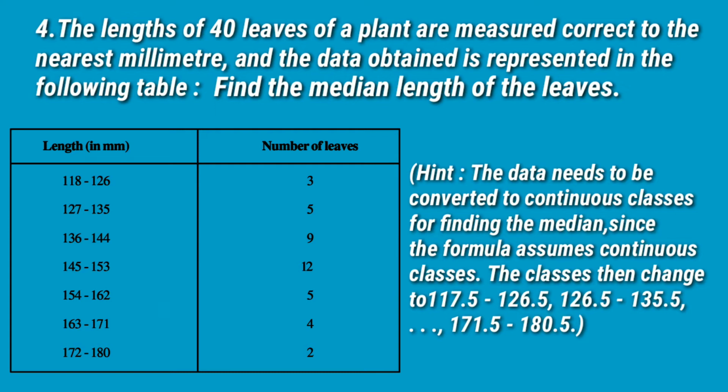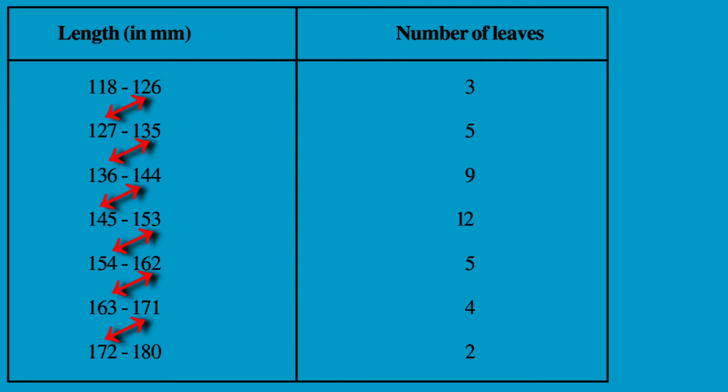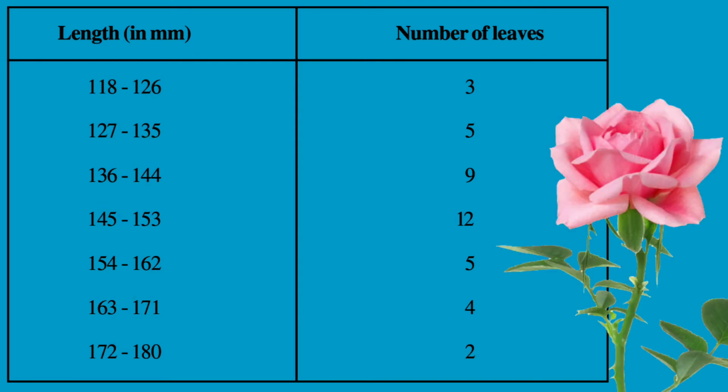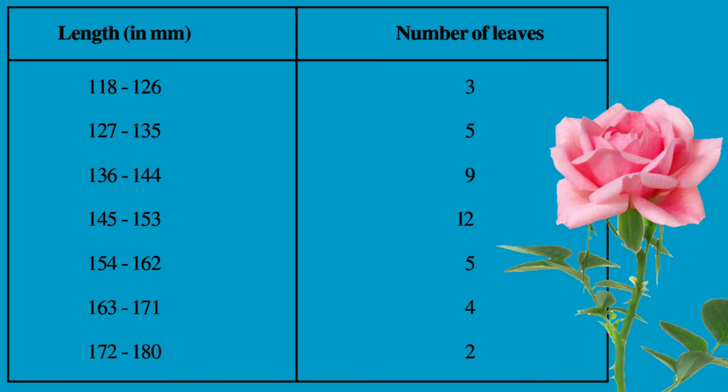From the table it can be observed that the data does not have continuous class intervals, and there is a difference of 1 between the class intervals. So we subtract half from the lower limit and add half to the upper limit to get this table, and prepare the cumulative frequency table.